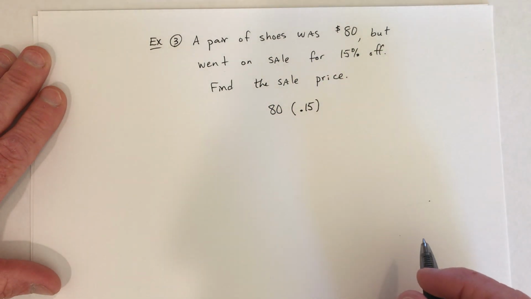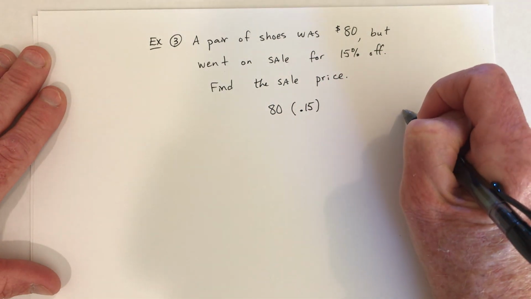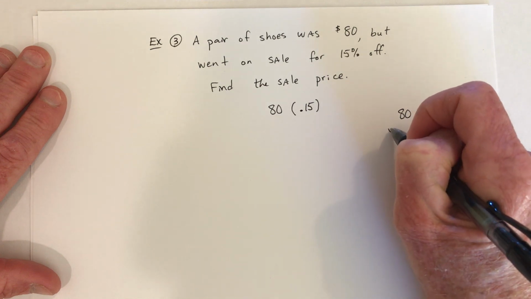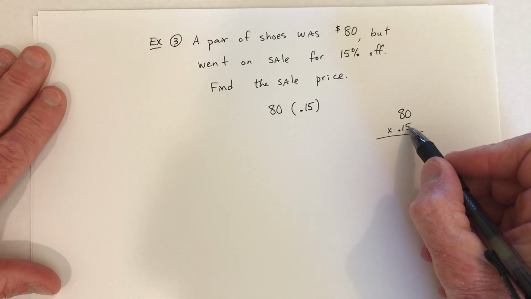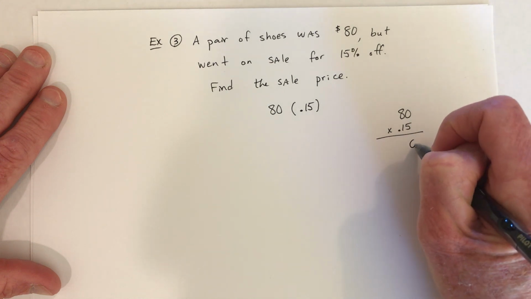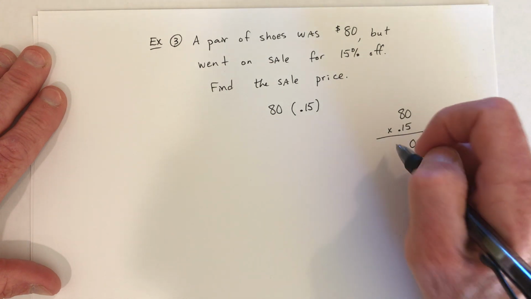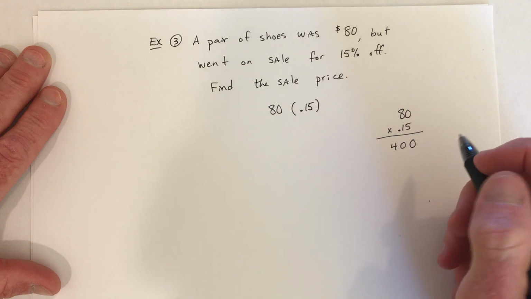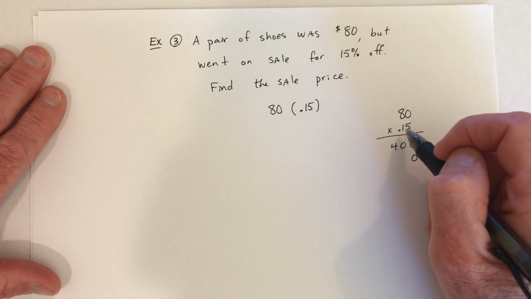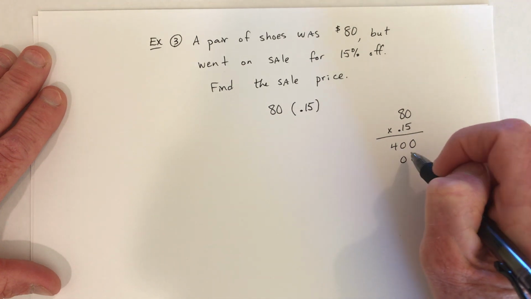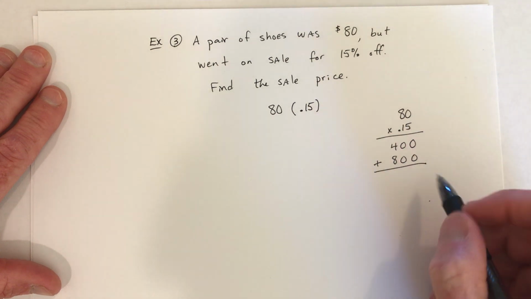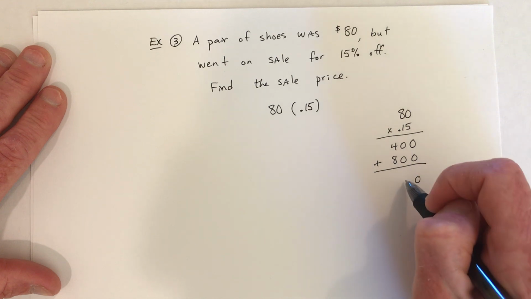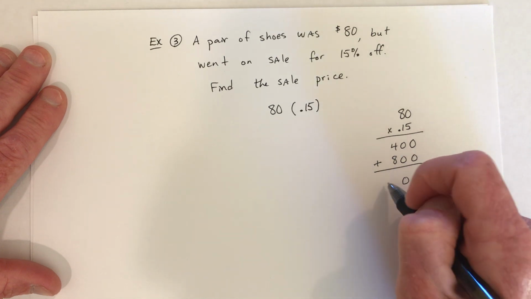And then for fun, I'm going to do that right here instead of using a calculator. So there would be 5 times 0, there would be 5 times 8 is 40, then put a placeholder 0, 1 times 0, 1 times 8, and then this would be 0, 0, and 4 and 8 is 12.